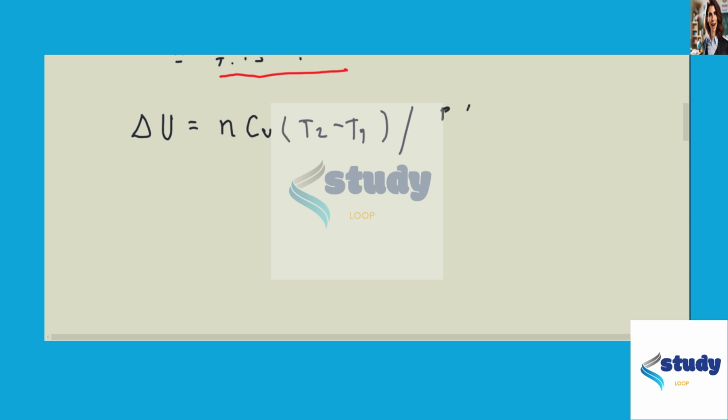We know that PV equals nRT, and from here n equals, this is going to be all for initial conditions, P1 V1 over R T1.